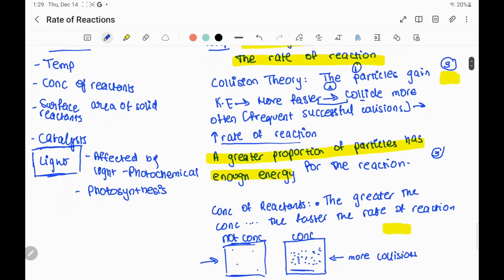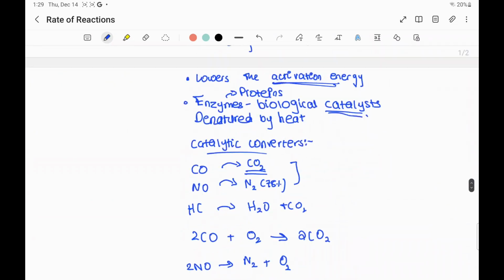So basically, they're going to give you a photochemical reaction, and they're going to ask you why it is increasing the rate of reaction. And it's going to be some kind of scenario where you have light. So you're going to say, as it is a photochemical reaction, the effect of light causes it to increase the rate of reaction.